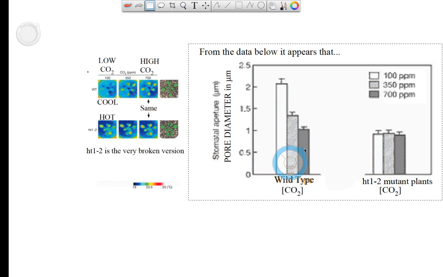The rate of carbon dioxide entry is a function both of the resistance, which is how big a hole it has to travel through, and the concentration driving the carbon dioxide in. So when the carbon dioxide concentration is high, you don't need a very big hole. When it's low, you do need a very big hole.